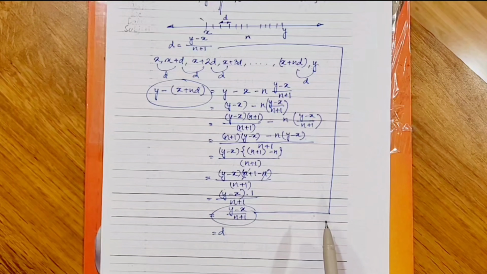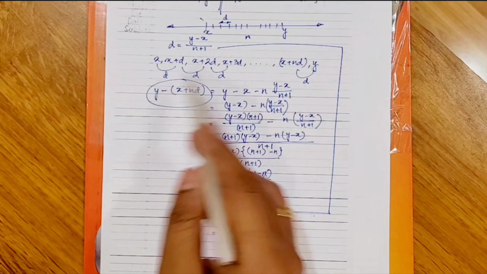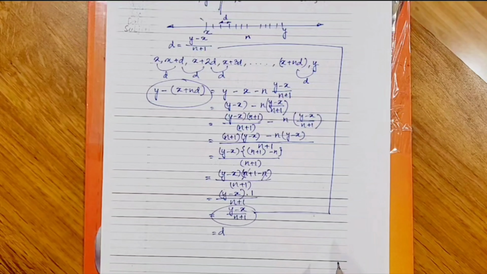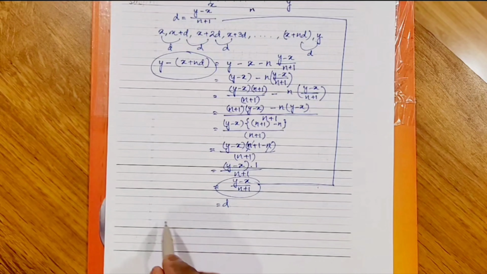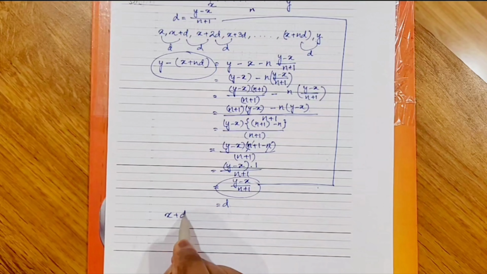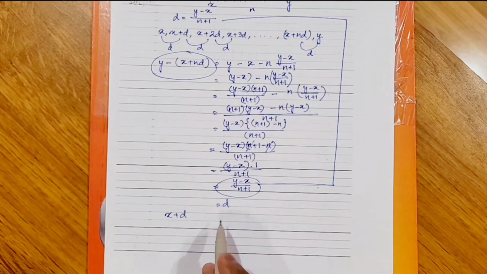So I mentioned two things: equally spaced because all of them are spaced by d, and they're all rational numbers because all of them can be expressed in p by q form. Now that leads us to another understanding regarding the rational numbers. We had said that x plus d will be a rational number.